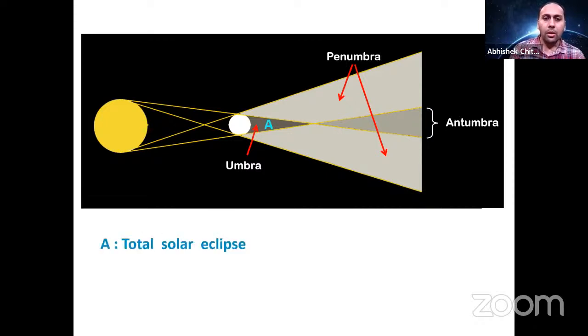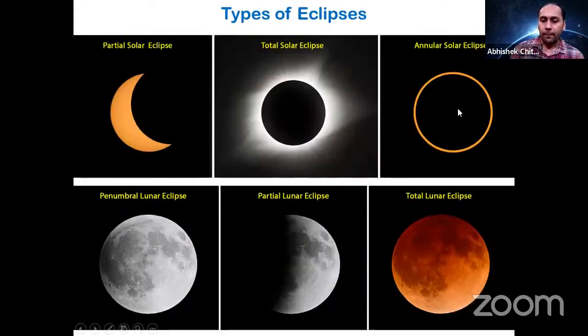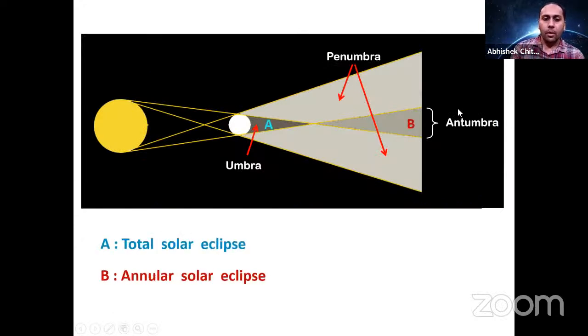Whenever the earth is passing through the shadow of the moon, and suppose it is passing through this region A, at that time you can observe a total solar eclipse. If it is passing through this B region, you can observe an annular solar eclipse. So in the second case, if the observer is standing anywhere in this region, you will see an annular solar eclipse.